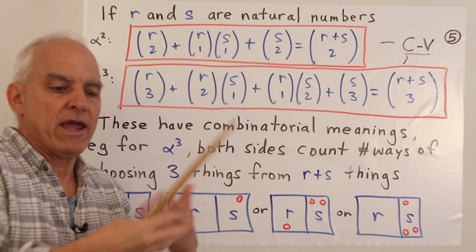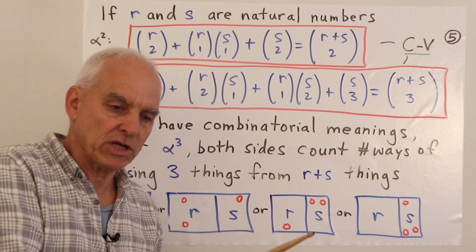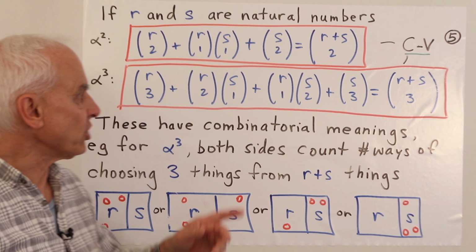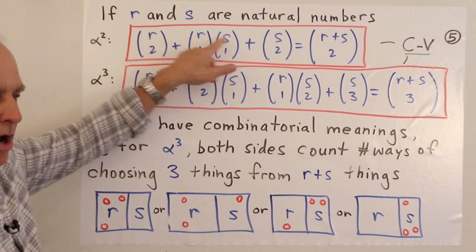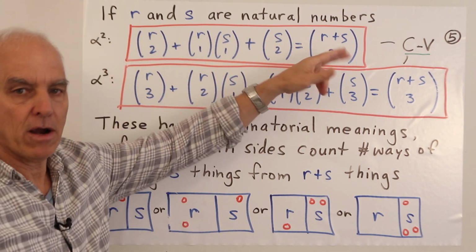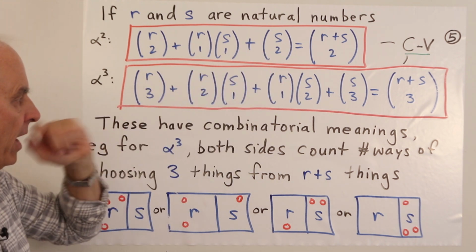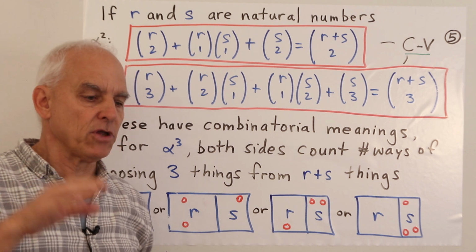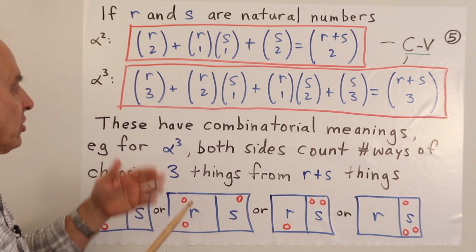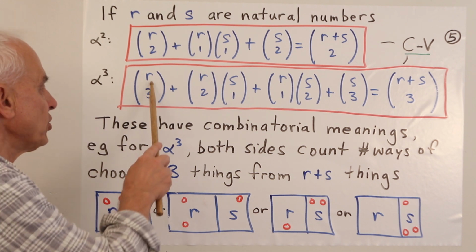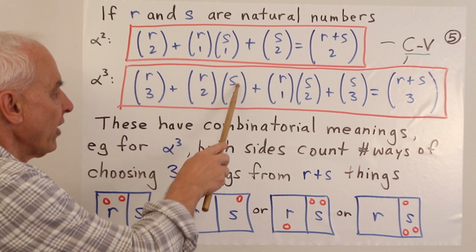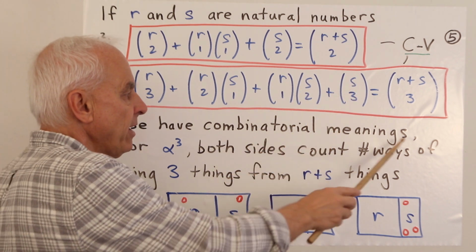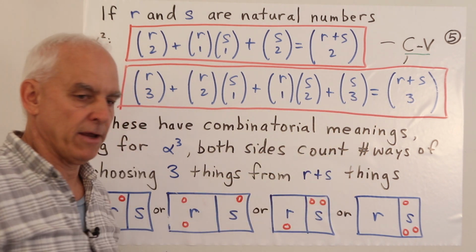That's just a way of rewriting what I had originally written, but now using the binomial coefficient notation, which usually assumes that r and s, these numerators up here, are actually natural numbers. And correspondingly, the identity we've just been looking at, the coefficient of alpha cubed, can also be expressed in terms of binomial coefficients as r choose 3 plus r choose 2 times s choose 1 plus r choose 1 times s choose 2 plus s choose 3 equals r plus s choose 3.